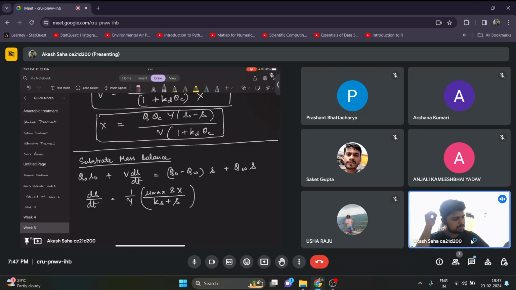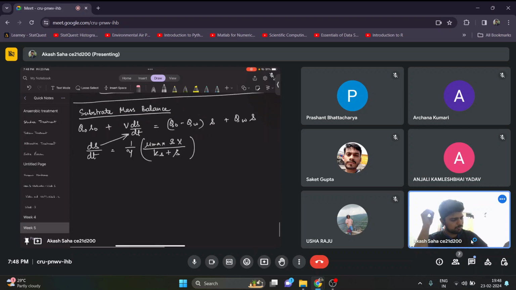So I will simply substitute this dS by dt here. On rearranging, we will get mu max S X by Ks plus S is equal to Q naught Y V X into S naught minus S. This we will get.